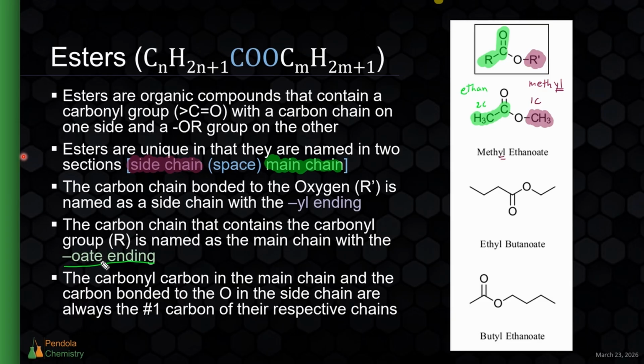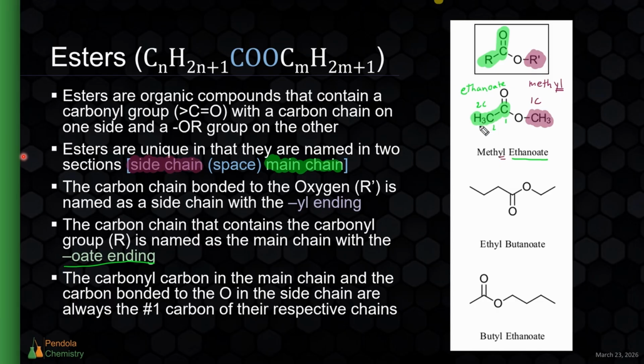We're going to use the oate ending for the main chain to show that that's the main chain of the ester. So because they're 2 carbons, single bonded, an, and then we're going to put the oate ending. This is always going to be carbon 1, so we don't need to put numbering here. So this we're going to attach after the side chain. So this right here will be methyl ethanoate.